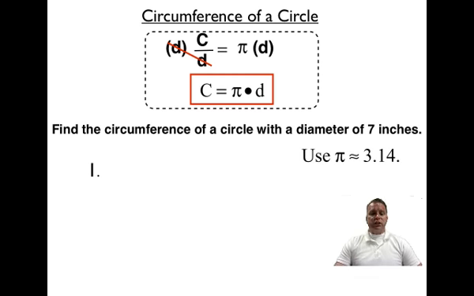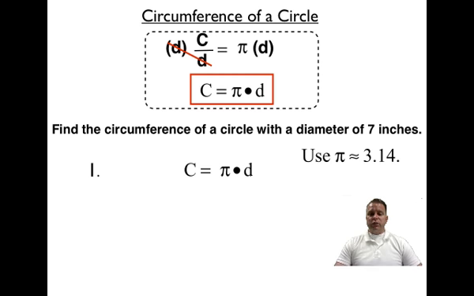So we want to find the circumference of a circle with a diameter of 7 inches. And for our purposes, we're going to use pi as 3.14. But please remember that pi is not equal to 3.14. That's just an approximation. It's good enough for what most of us are going to do in everyday life.